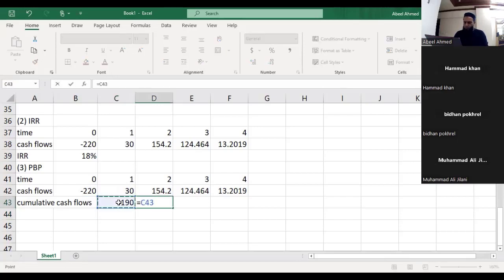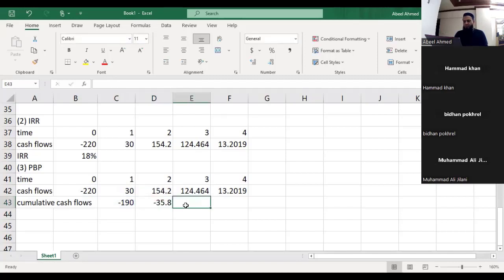In T2, we recovered 154.2. Can I say still 35.8 is to be recovered? So take this. Can I say logically before the end of third year, your payback period is 2 years and some time of year 3 as well.